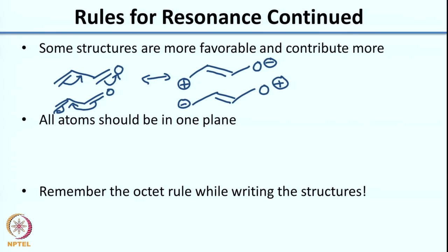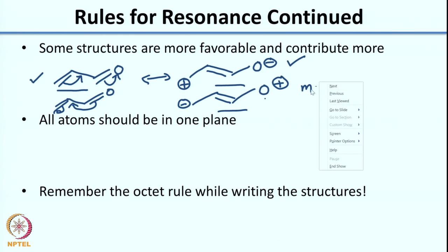Now out of these 3 structures, structure 1, structure 2, structure 3, this would be the most stable because there is not much charge separation. Now between these two, this structure would be more favorable because you have a negative charge on an electronegative atom, whereas here you have a positive charge on an electronegative atom. So it will be a very minor contributor.